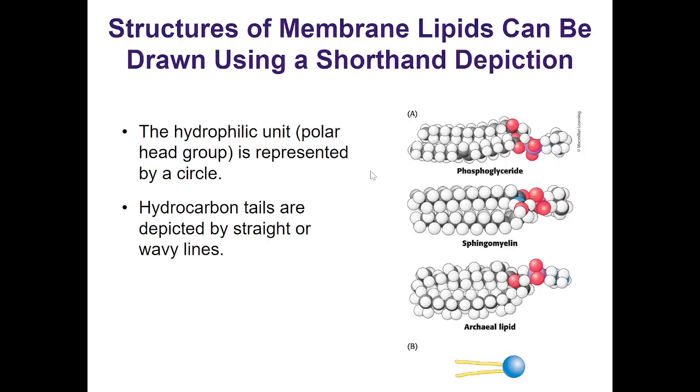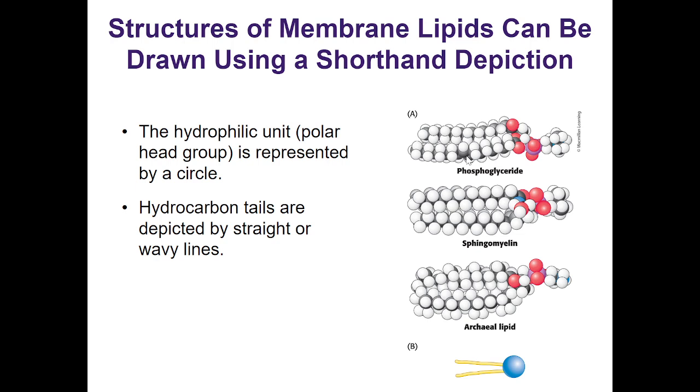This right here is the hydrophilic unit, the polar head group. It's represented typically by a circle of some sort, like this. The hydrocarbon tails are typically represented by some sort of straight or wavy line, like so. Okay, you just sort of make a line and bend it as you will.